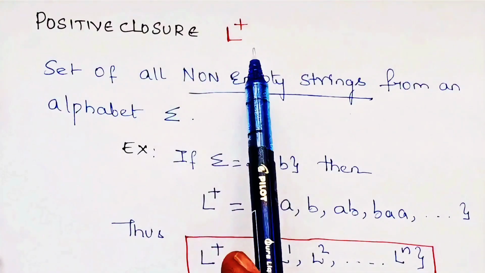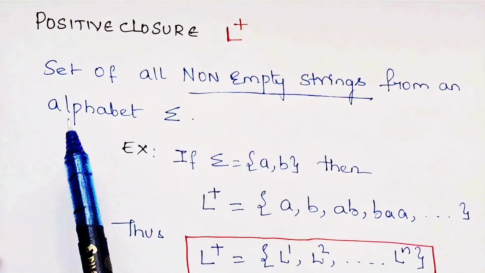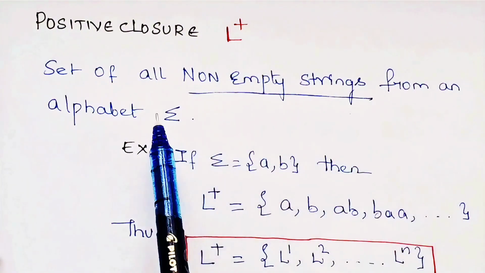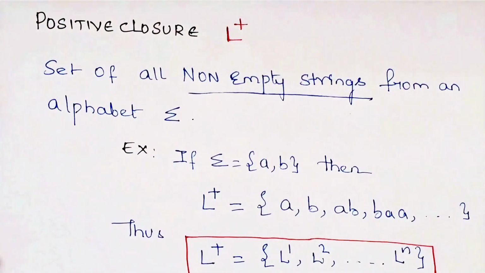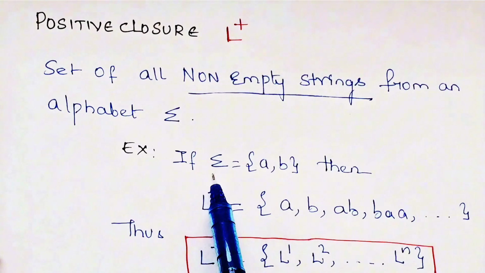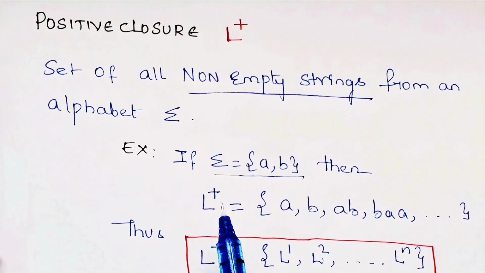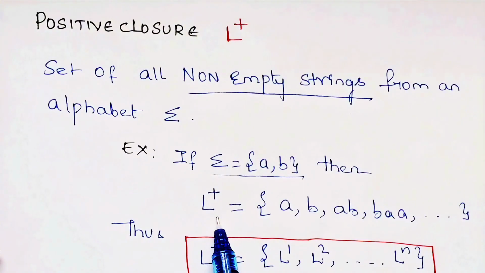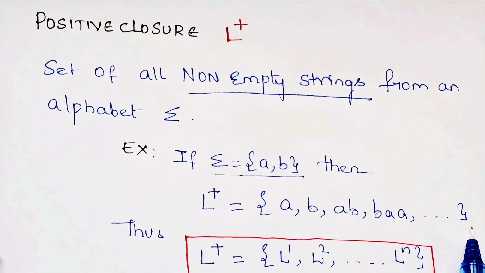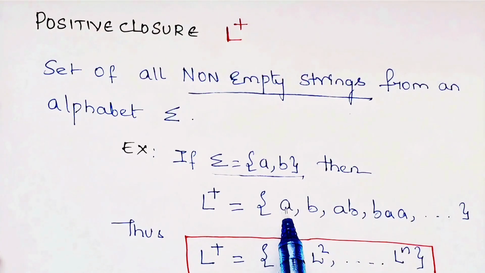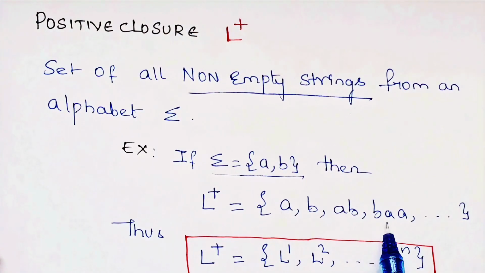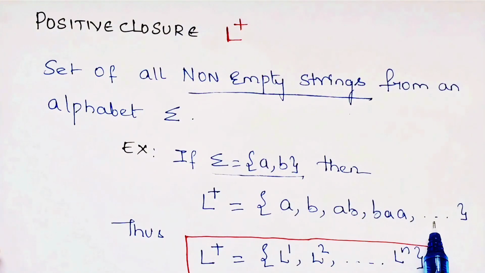Positive closure is denoted by L power plus. It is defined as the set of all non-empty strings from an input alphabet sigma. Now let us consider the following example. Let sigma be equal to {a, b}. Then the positive closure of a language is defined as the set of all strings other than the empty string. It means we can consider inputs of length 1, length 2, length 3 and so on.